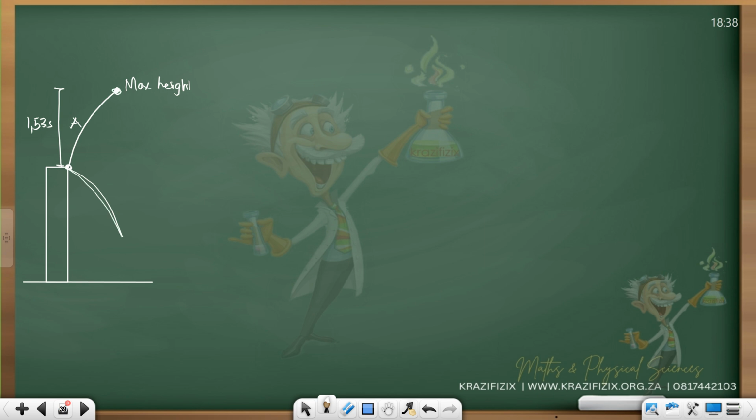So we are going to look for where B is at this same time of 1,53. Please talk to me if you understand my story. Ball A is traveling. It reaches the maximum height at 1,53. Question says we should calculate the distance between A and B at that time. So how long has B traveled? 1,53. Does that make sense?